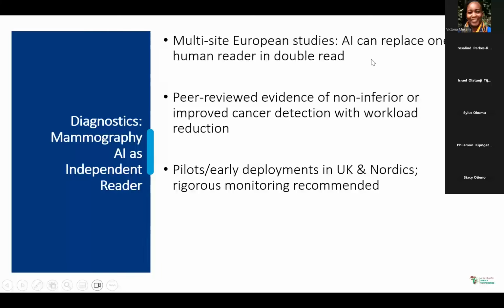So in European studies, this is now the way that breast cancer screening is done: 2 mammography x-rays will be produced, and they're both read by independent clinicians, and then they compare their notes. So what this is doing is not replacing both of the clinicians, but replacing one clinician with an AI tool and keeping the human in the loop.